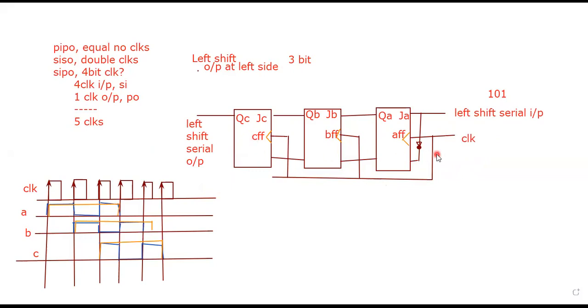In counters, the output would be the clock for the next flip-flop. The output is not treated as input to the next; it is treated as a clock to the next. And the input is a voltage, whatever voltage is provided at the input terminal.